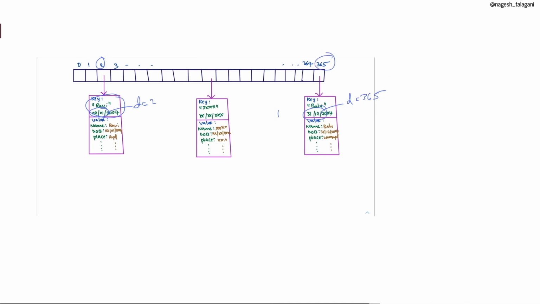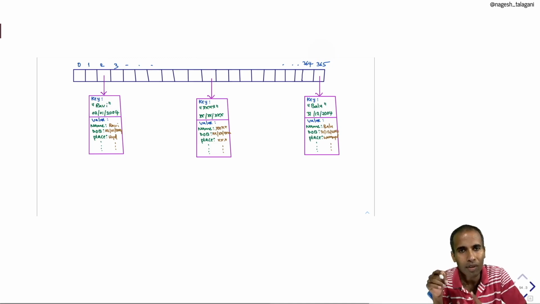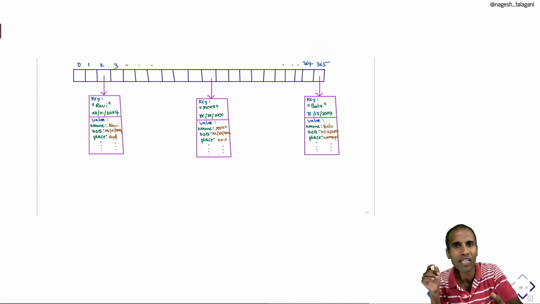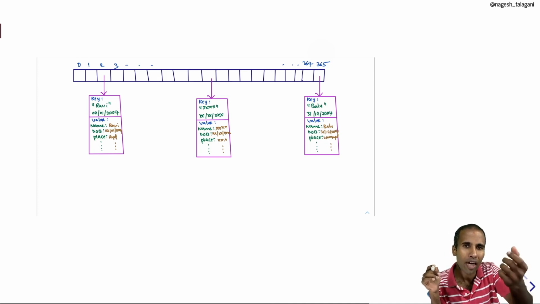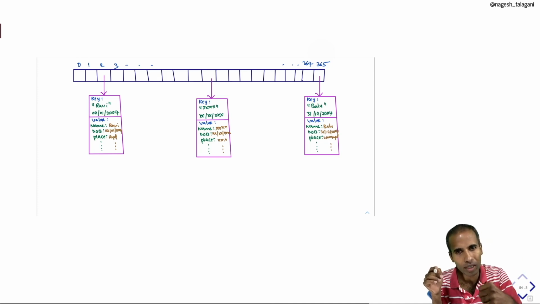Okay, whenever you are trying to access some record, you simply feed the key to the hash function that will give an index. You directly come to that index and pick your record. Okay, that's how you can retrieve the record very quickly.